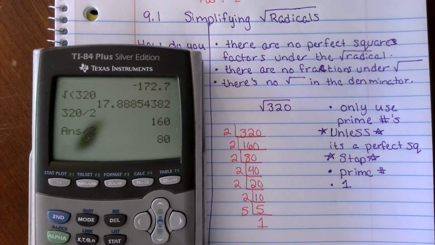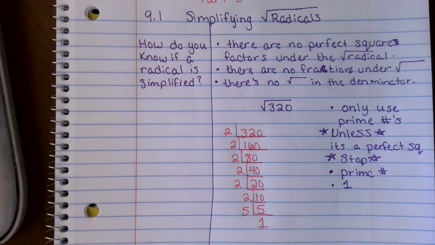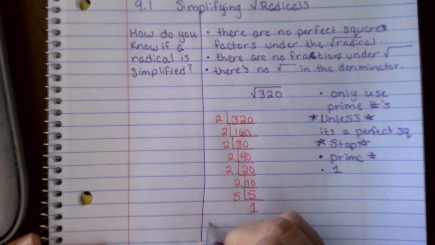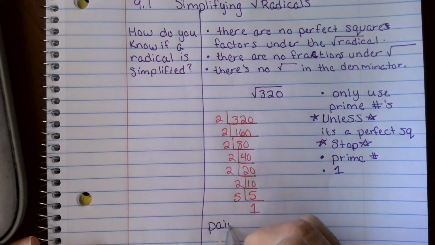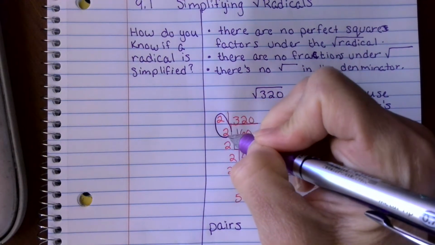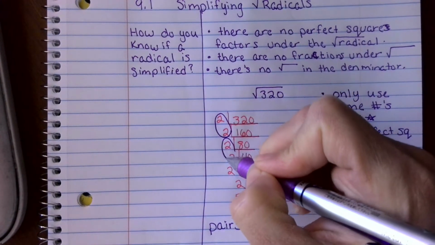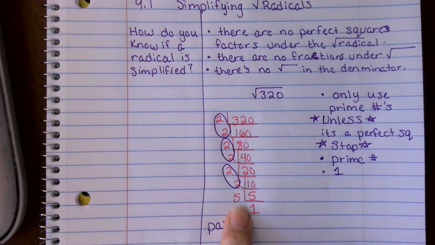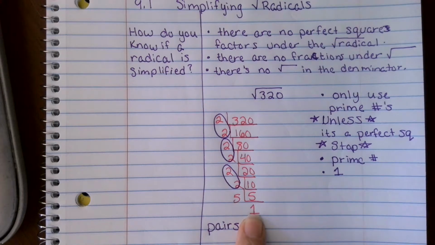So what you need to do in order to solve this now is you're going to take pairs. So we have a pair of 2s. I have another pair of 2s and another pair of 2s. And I don't have a pair of 5s or a pair of 1s.